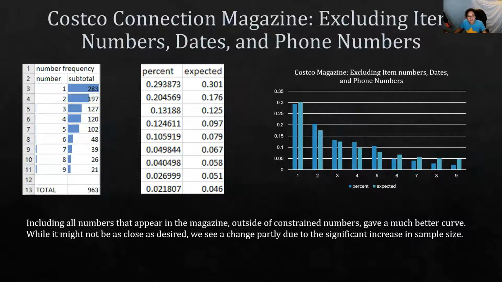Once I started using any number that I saw, pretty much excluding only item numbers, dates, phone numbers, there weren't really any heights or weights in the magazine, so there wasn't really much to exclude that way. But as soon as I started including a lot more numbers, I had 963 numbers and 283 ones out of everything. The nines, I only had 21 nines.